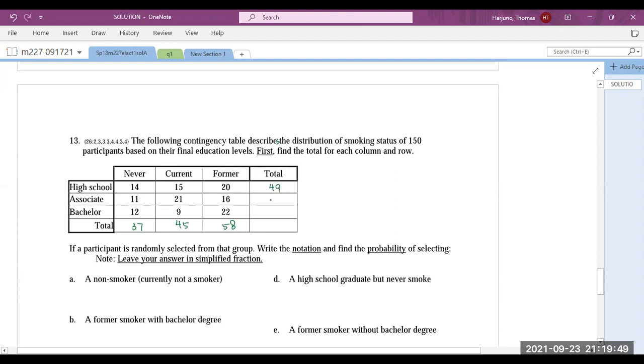This is 48. 43. And then I add vertically 49 plus 48 plus 43. I get 140. So something is wrong here. Let me confirm by adding horizontally. Okay, it should give you 140 at the same time. Just in case we count anything wrong. Yes, I get 140 also.